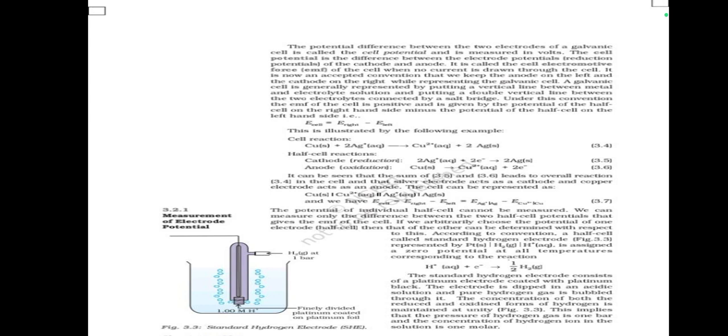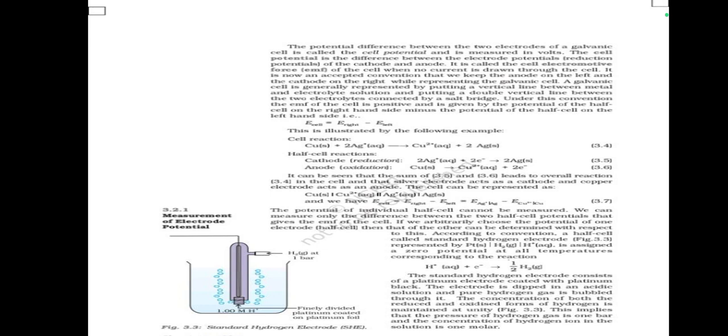This is illustrated by the following example: cell reaction Cu + 2Ag+ gives Cu2+ + 2Ag. Half cell reactions: cathode, reduction; anode, oxidation.